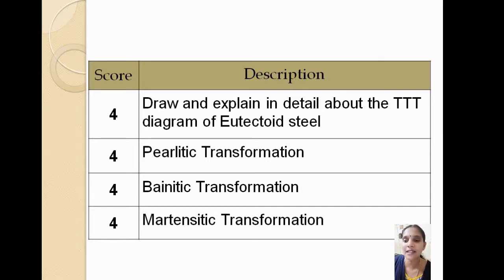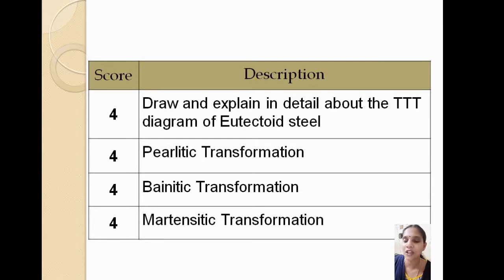The bainitic transformation, that is austempering, cooling past the nose of the C curve in the TTT diagram of eutectoid steel and holding it isothermally for a sufficiently long time, will result in formation of bainite. So, the bainitic transformation should be explained in a clear way with neat illustration.